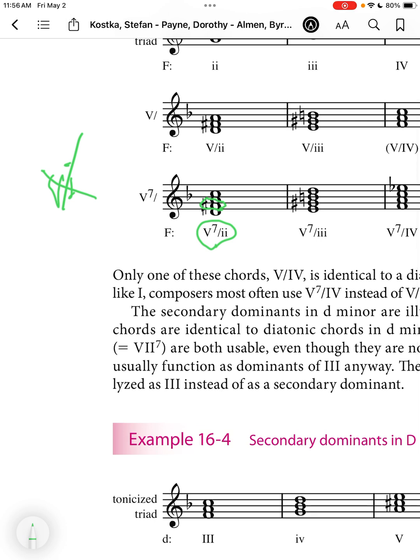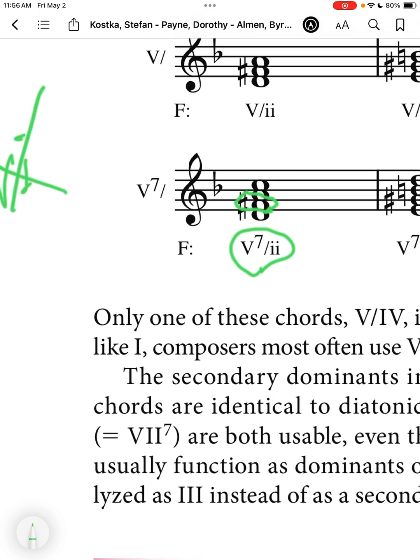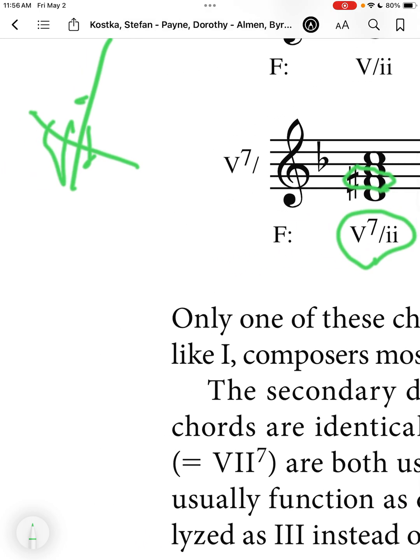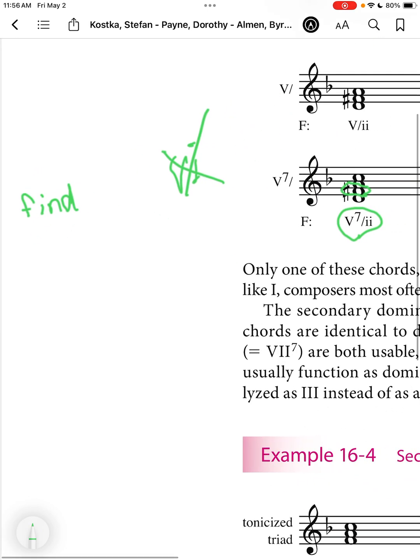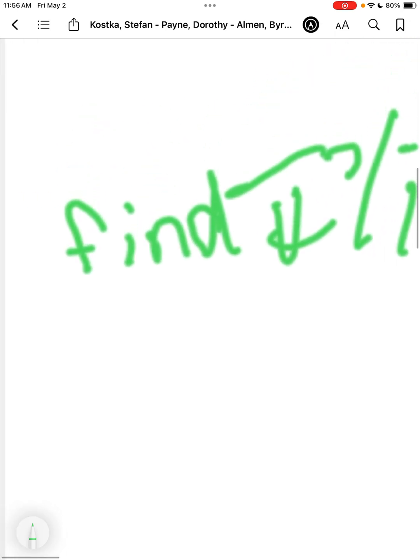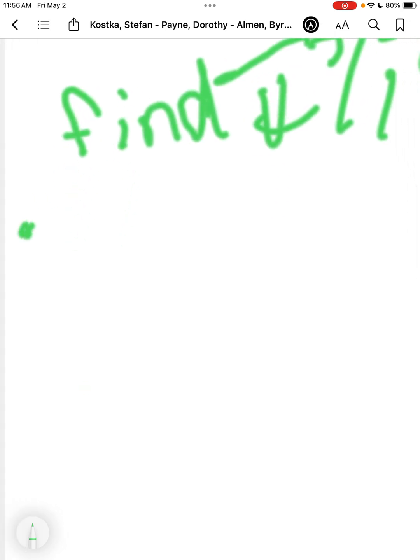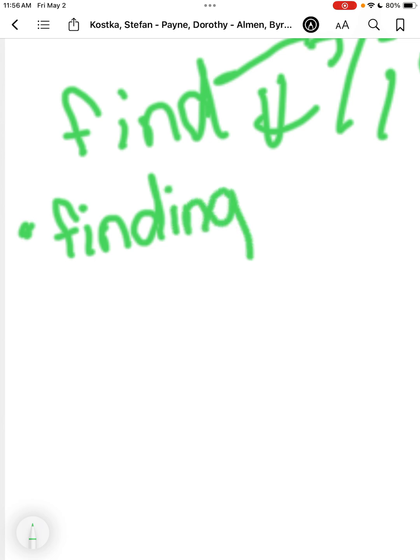So first of all, how do you find this one? You have to find the 2 first. So the 2 would have to be a G. Okay, so I know the trick. B7 of 2. So the first and foremost thing I remembered was finding the 2 chord.